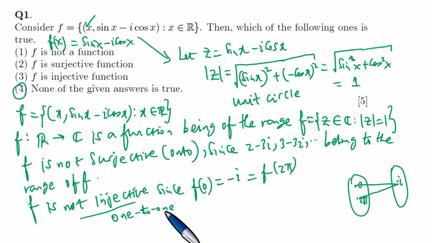Because you see, they're saying here, consider f, then which of the following ones is true? So we're just looking for a true statement here. So we need to think of all these: is it surjective? Is it injective? And it is certainly none of them. That is why we have none of those.